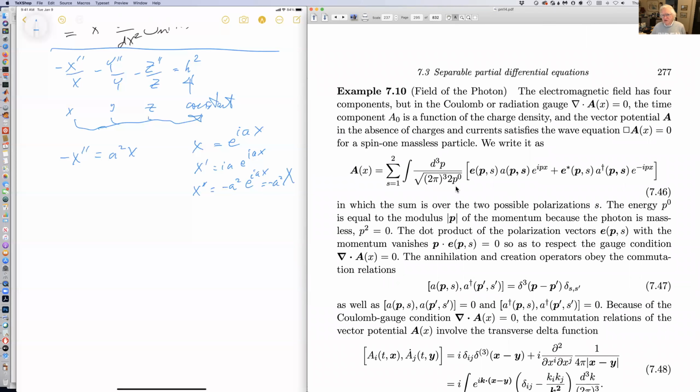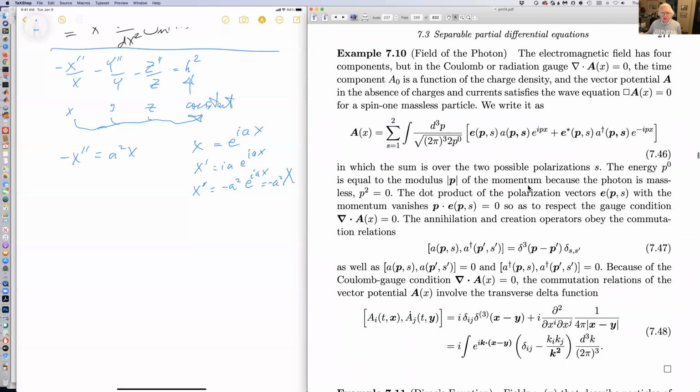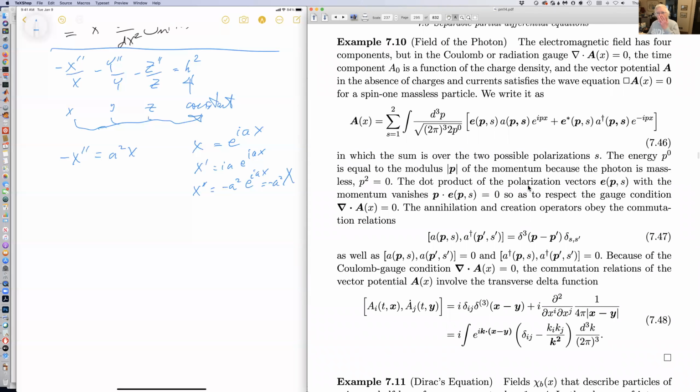The photon, maybe I should do this example a little bit. The electromagnetic field has 4 components, but one quantizes in quantum field theory. In the gauge theory, we first fix the gauge and then quantize. One of the nice gauges is called the Coulomb gauge.